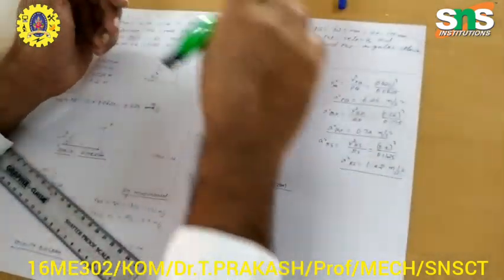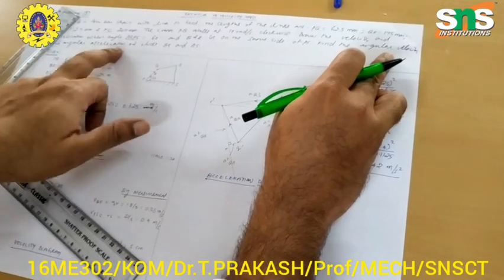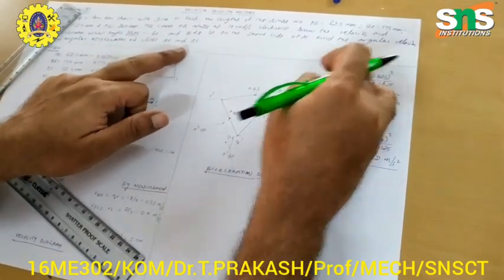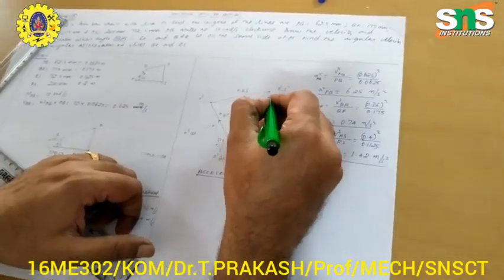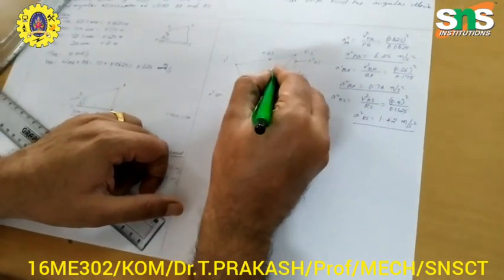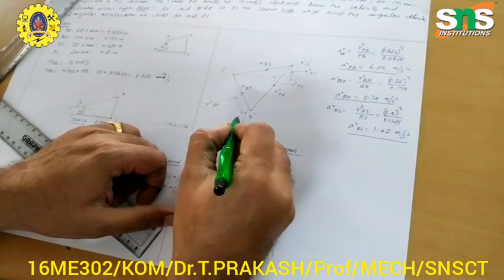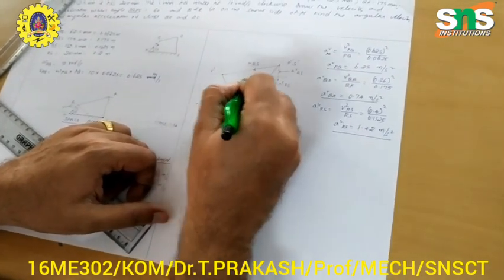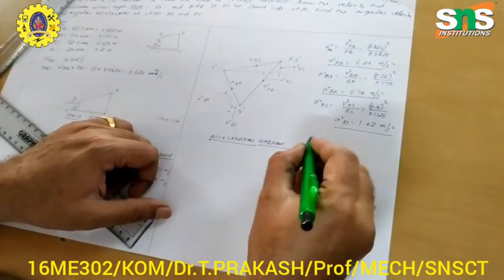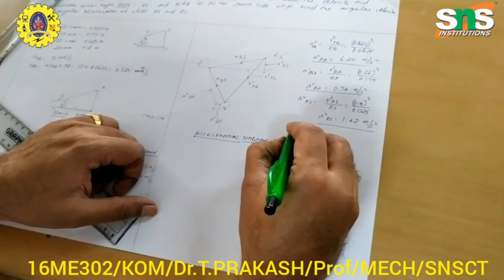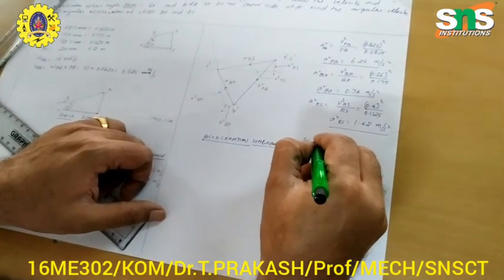From this problem, we have to find the angular velocity and angular acceleration of the links QR and RS. Therefore, to find the angular acceleration of this link, you have to measure the distance. We have to measure the distances X R dash and Y R dash for our tangential components.